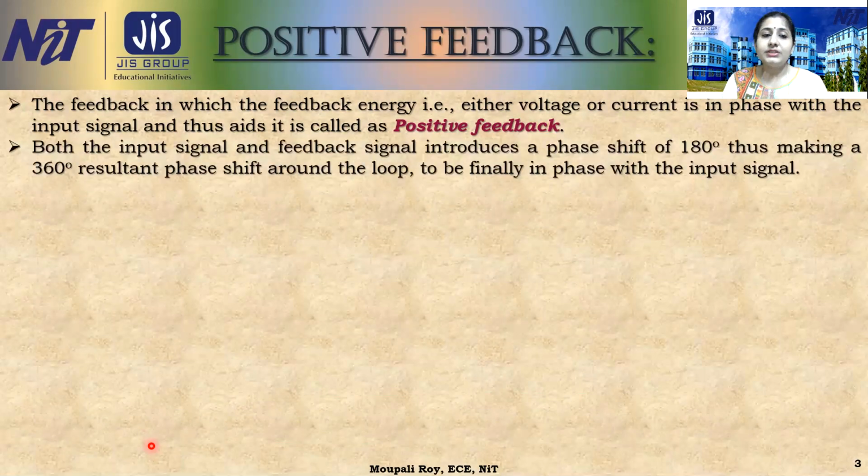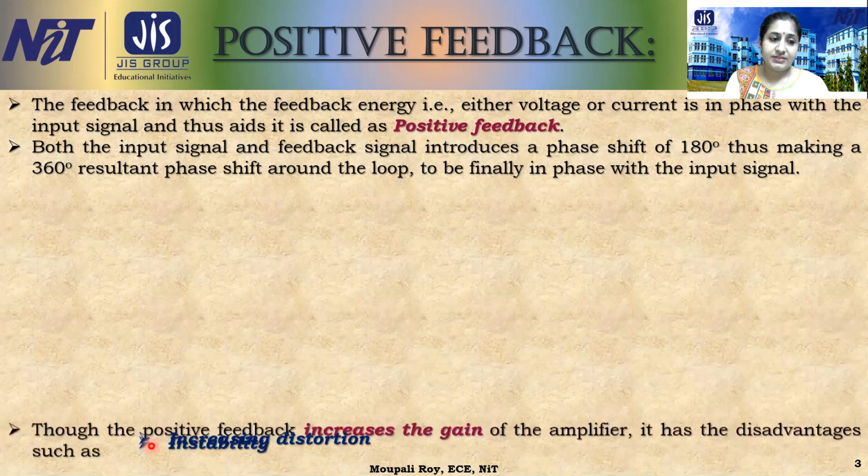Both the input signal and the feedback signal introduce a phase shift of 180 degrees, thus making a 360-degree resultant phase shift around the loop, finally in phase with the input signal. So whatever the input signal, the feedback is also in the same phase.